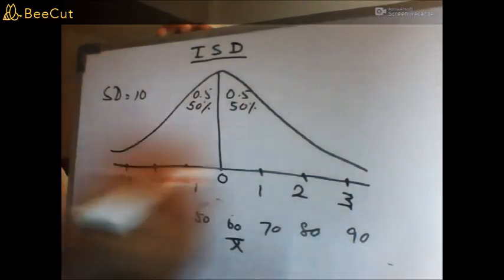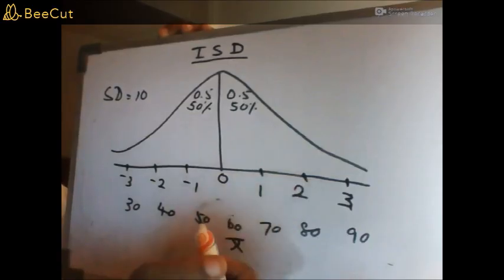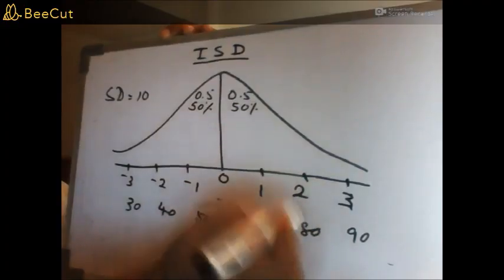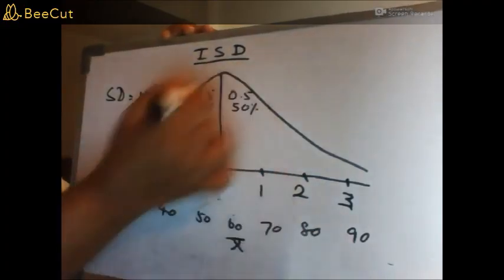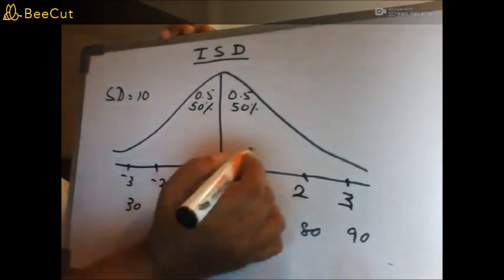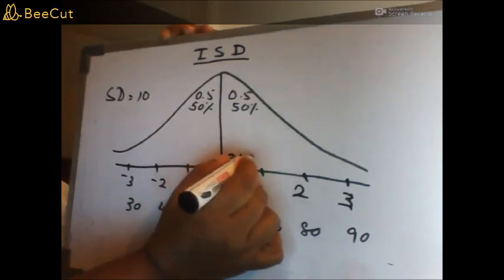Now these are the standard deviation points in the rule. Among these 50%, the majority are around the average. So we can say 34.13%. You have to remember these percentages.